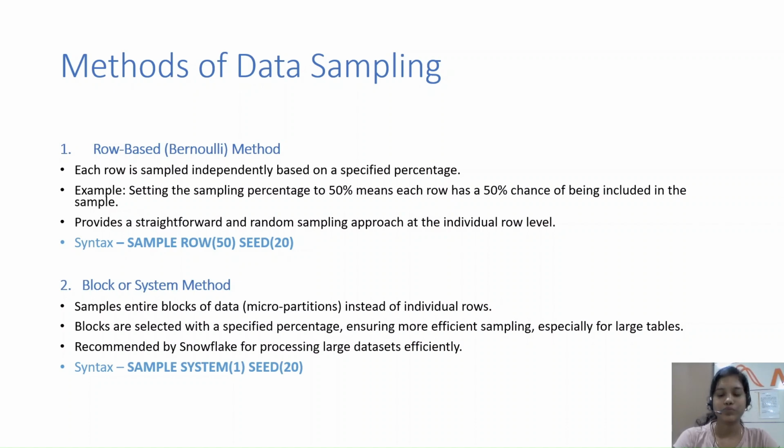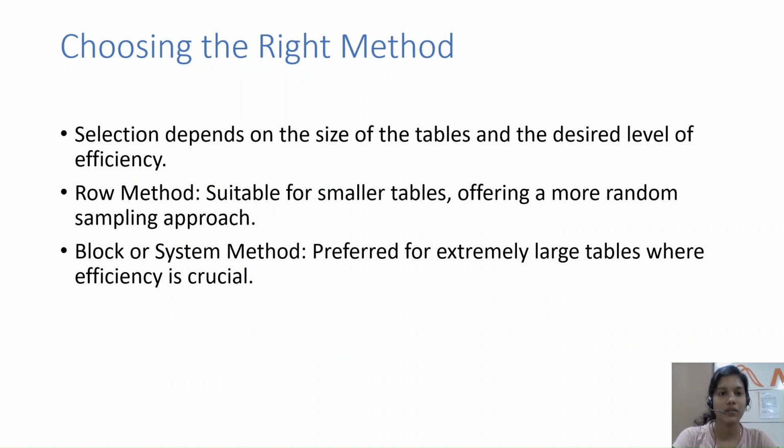So now the question is, which is the right method between these two? Choosing between these methods depends on the size of the tables and the desired level of efficiency. The row method is suitable for smaller tables, offering a more random sampling approach.